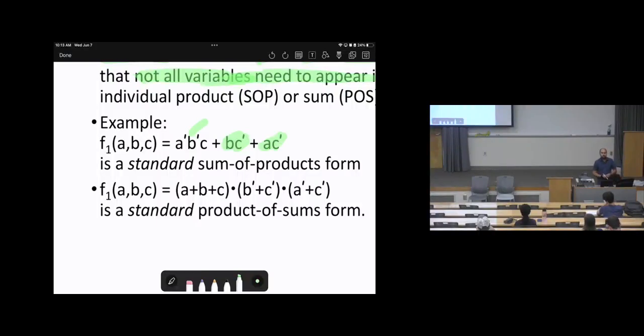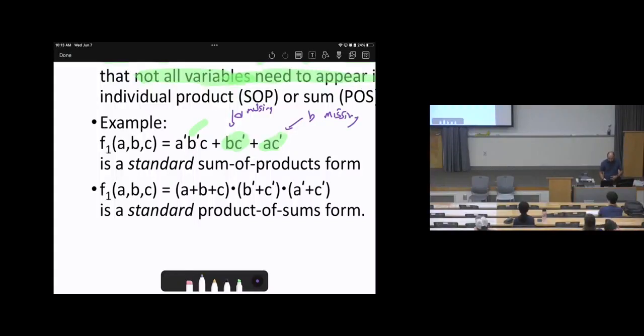Again, this looks like sum of products because we have products plus products, or we have AND and then there is OR. Yes, but it's not in canonical form. Why is it not in canonical form? Because we have a missing variable here. Variable A is missing, and here the variable B is missing, right?